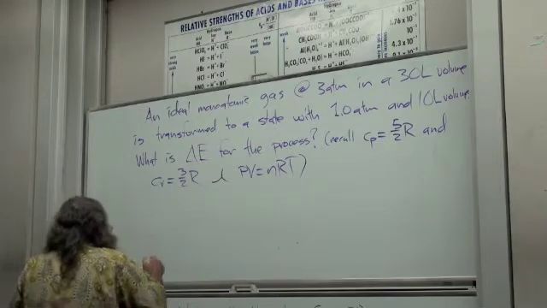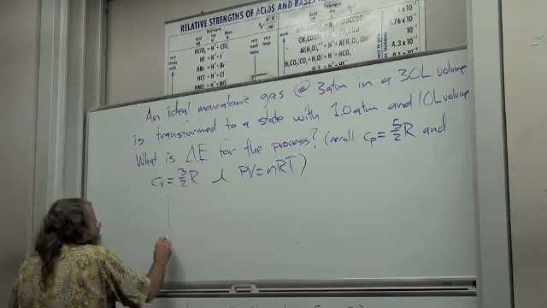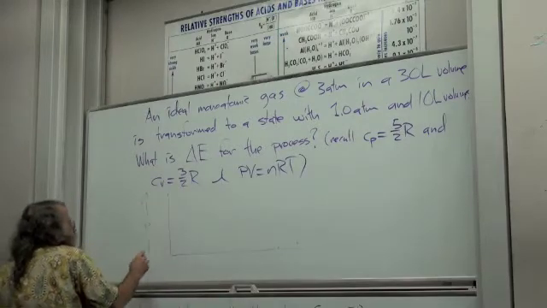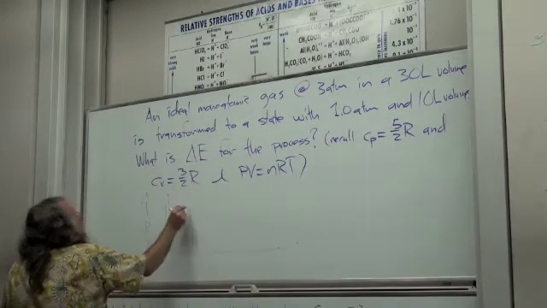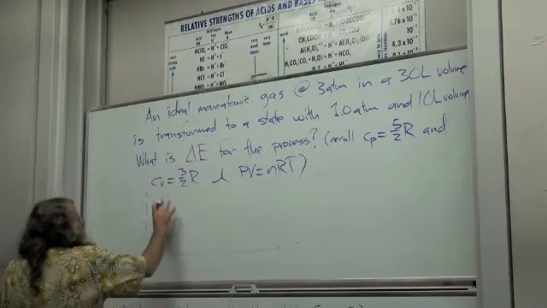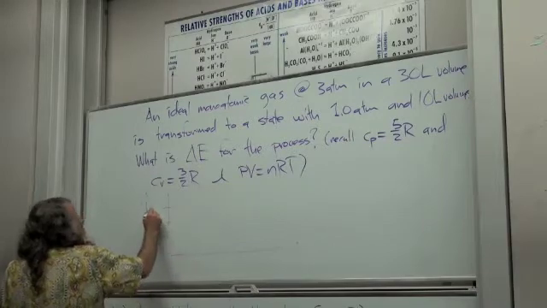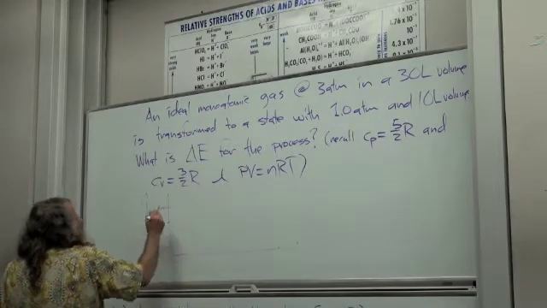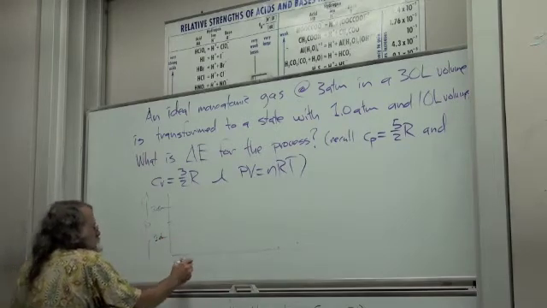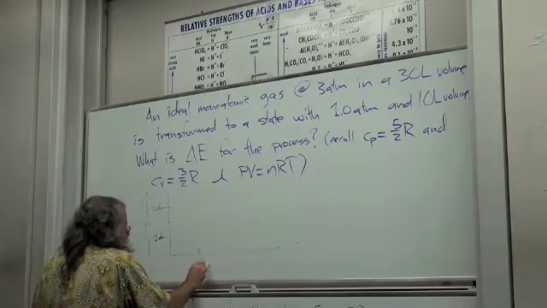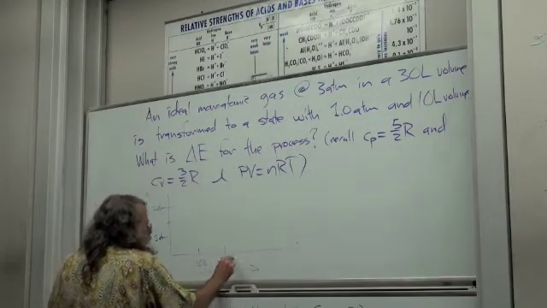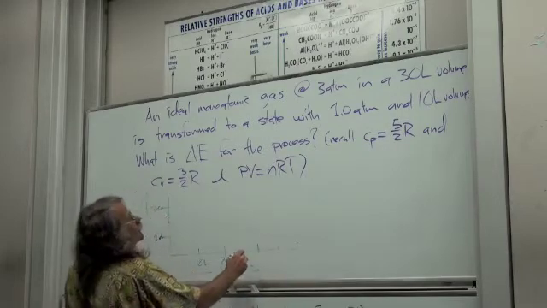Okay. Now notice I didn't say anything about the pathway. So you have all the choice in the world. We're looking at pressure going this way, and this is on scratch paper. I'm going from 3 atmospheres down to 1 atmosphere, and volume goes this way: 10 liters, 20 liters, 30 liters.